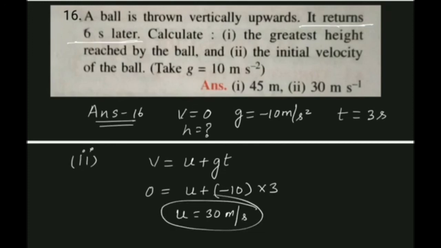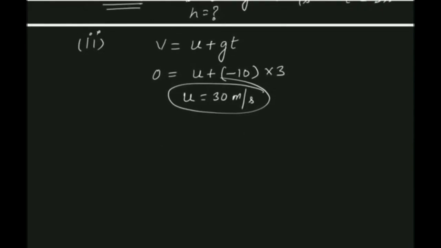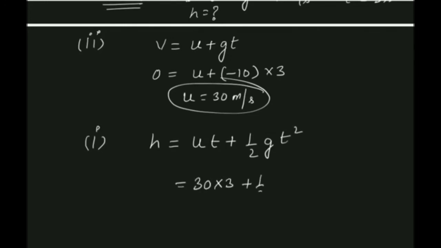Now greatest height, we have to find the height. So first part, h equals ut plus half gt square. So u is 30, time is 3, plus 1 upon 2, g is minus 10, and time 3 square.